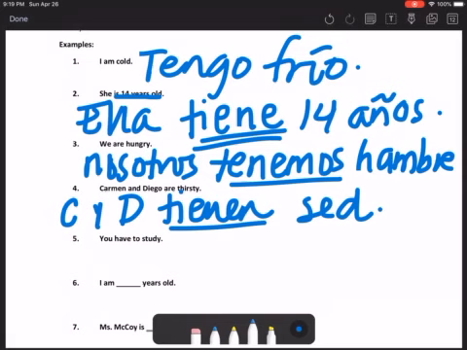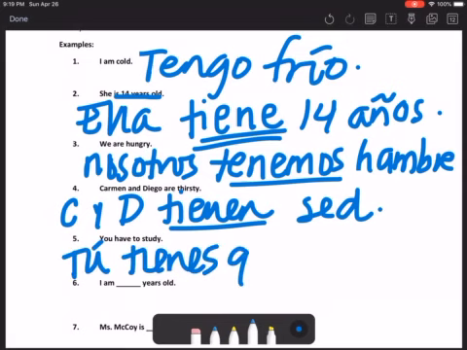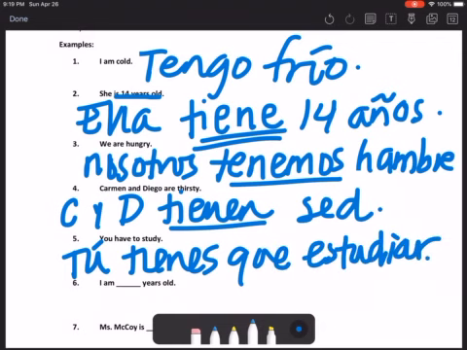You have to study. I guess I wasn't very creative with my examples because I already used that one. Tienes, conjugated tener. Que, estudiar. AR, the infinitive.